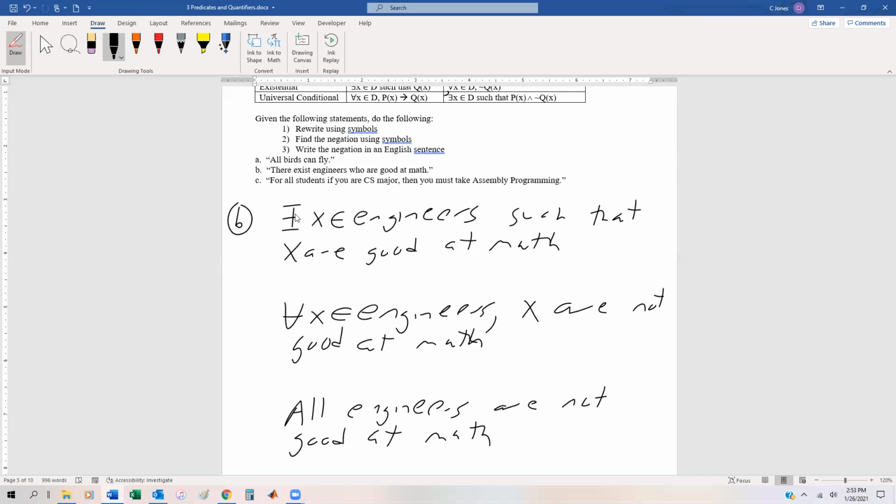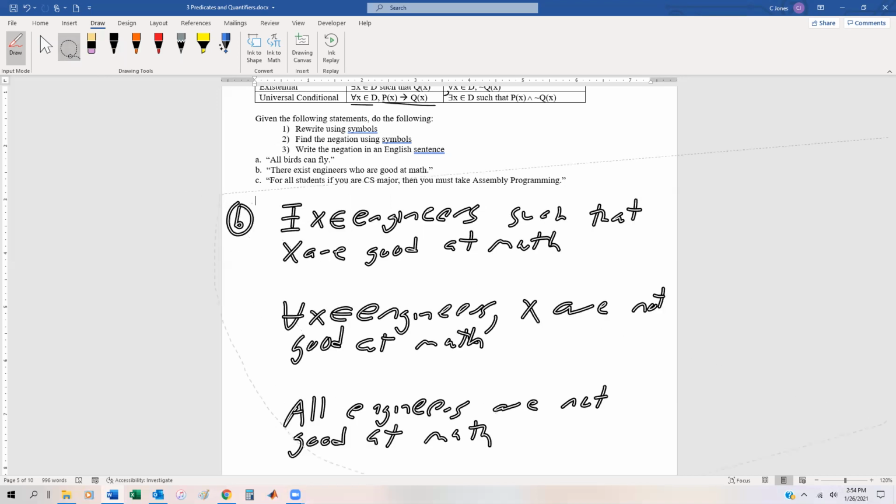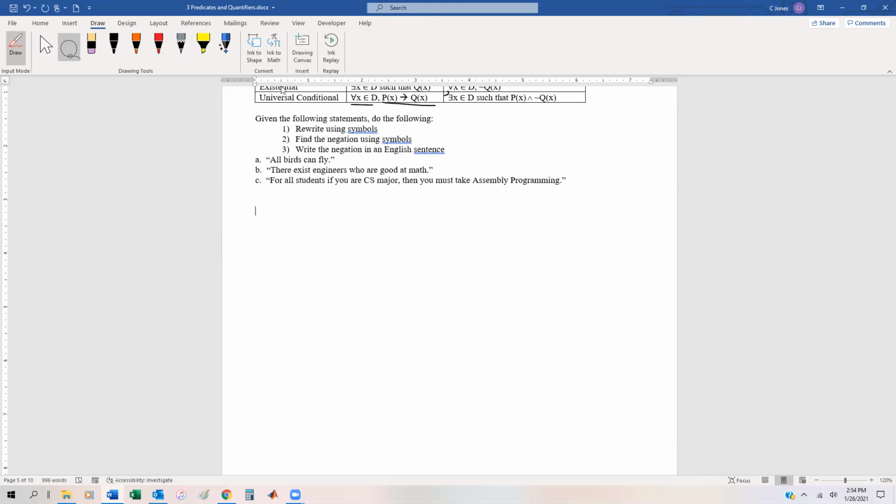Hopefully that makes sense for everybody so far. The last one that we have is this universal conditional statement: for all x in D, P of x implies Q of x. What we want to do is write that using symbols, write the negation using symbols, and then write the negation in an English sentence. For all students, if you are a computer science major, then you must take assembly programming.